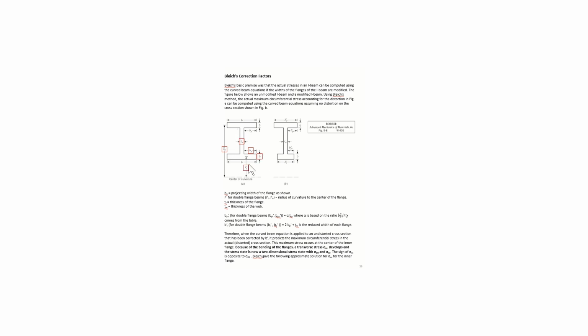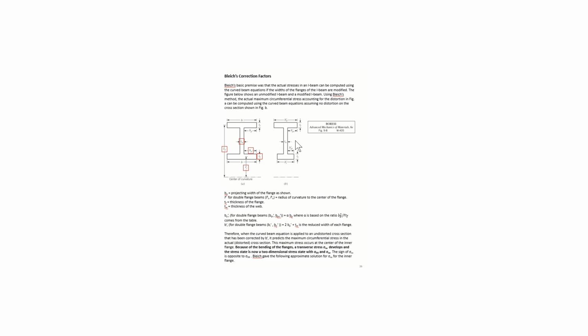If we were to use the conventional sigma theta theta equation on the original beam, our stresses would be in error due to the bending that occurs in the flanges. When we use the Blaike corrected I-beam, the stresses will now have the correct values.